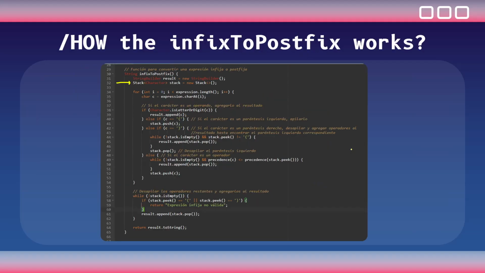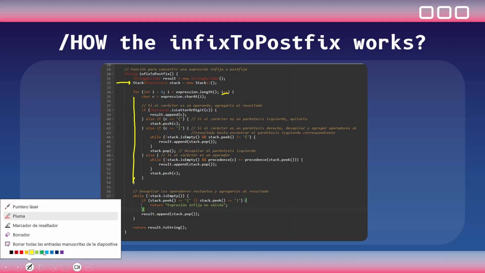Okay. So we have the iterator initialized at 0 and the expression length. Why? Because our stack has a top, and the top doesn't have a value. Okay, i plus plus, the cycle is this.